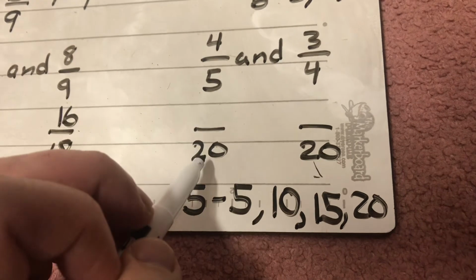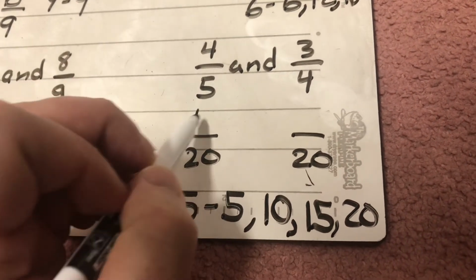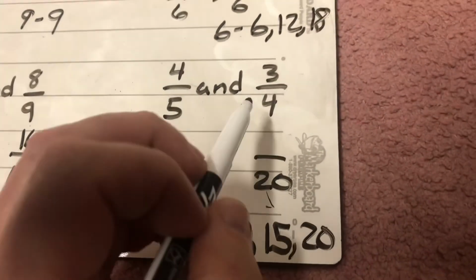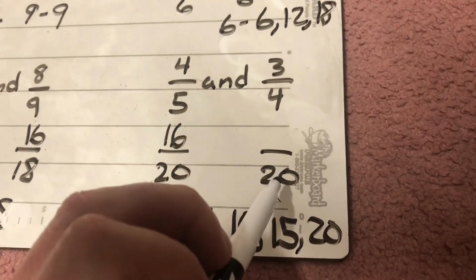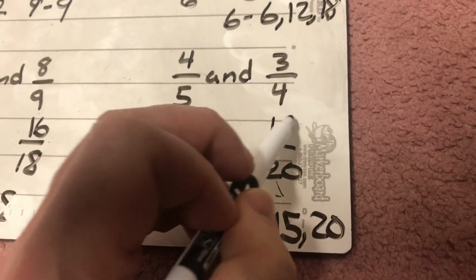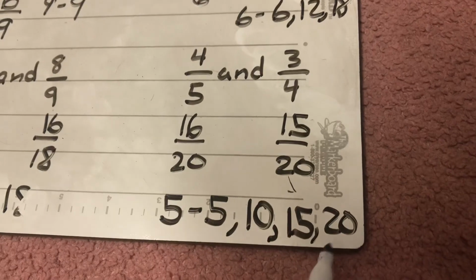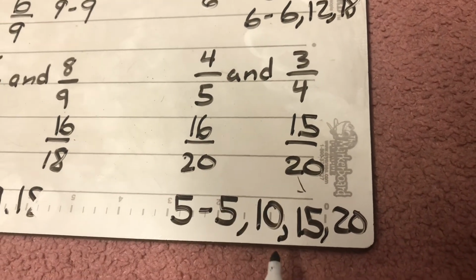It's 5 times 4 that gave me 20. So I do 4 times 4, and that gives me 16. Well, what did I do to 4 to get 20? I did 4 times 5 to get 20. So I have to do 3 times 5 to get 15. Those are my 2 equivalent fractions using least common denominators.